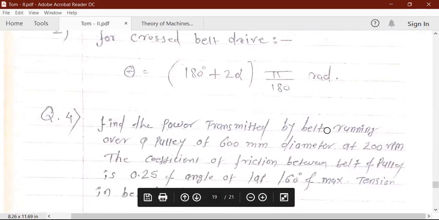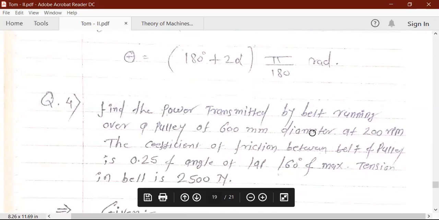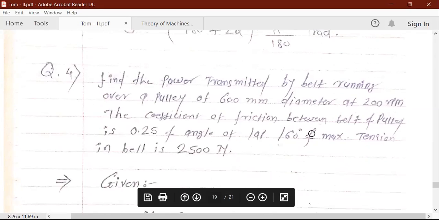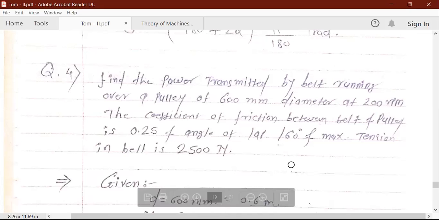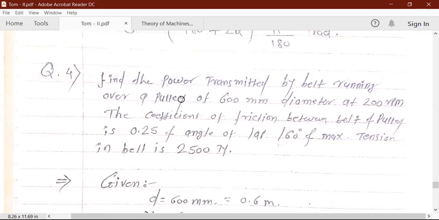Now here is a simple numerical, so we try to solve it. See, what is given in the numerical? Find the power transmitted by a belt running over a pulley of 600 mm diameter, at 200 rpm. So we have to find the power transmitted by the running belt.